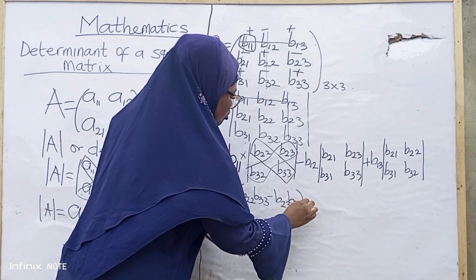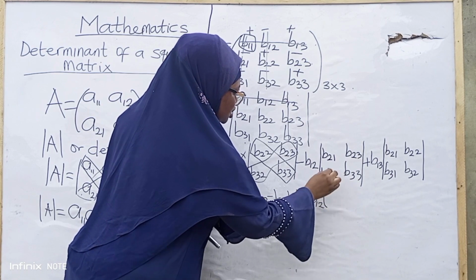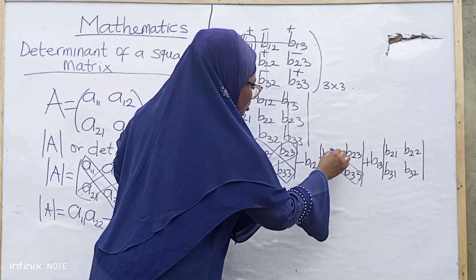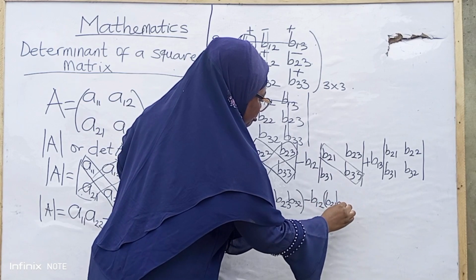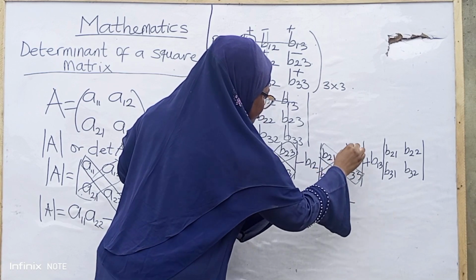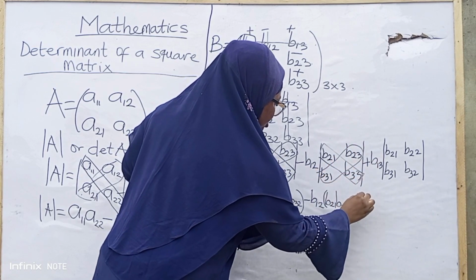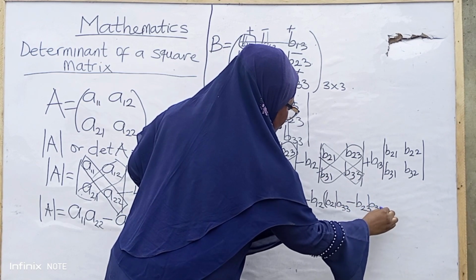Then remember we have minus B12, and the determinant of this one will be B21 multiplied by B33 minus B23 times B31.